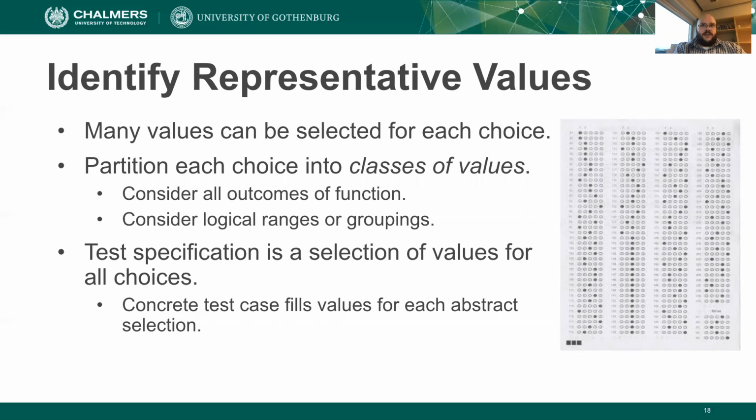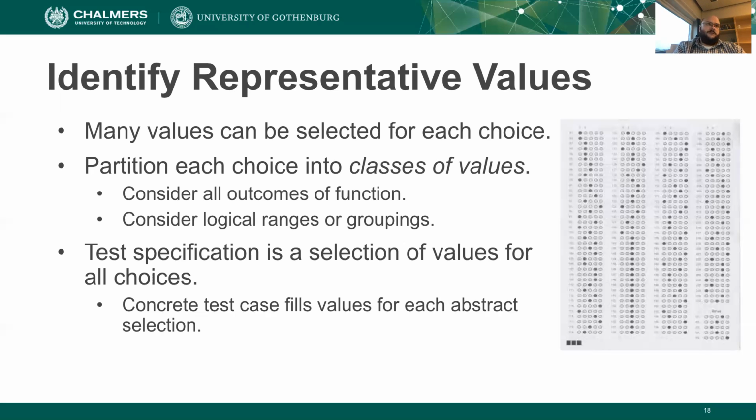And so we need to look at each of these choices and consider how to partition those into classes of values that could reach different outcomes of a function, or that represent some kind of logical grouping or logical range for that value. We need to look at the outcomes that can occur. We need to especially focus on things like error handling and try input that triggers the error handling code to make sure it works as we'd expect.